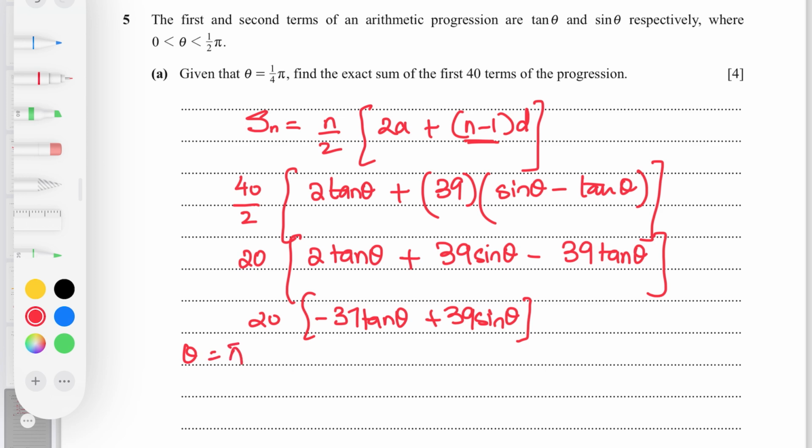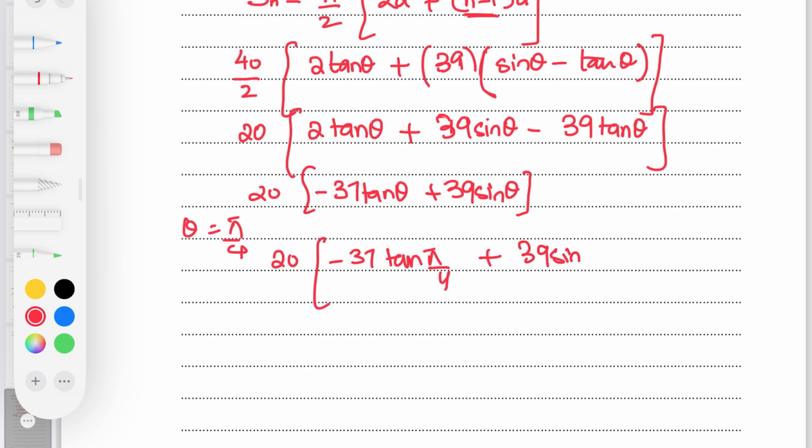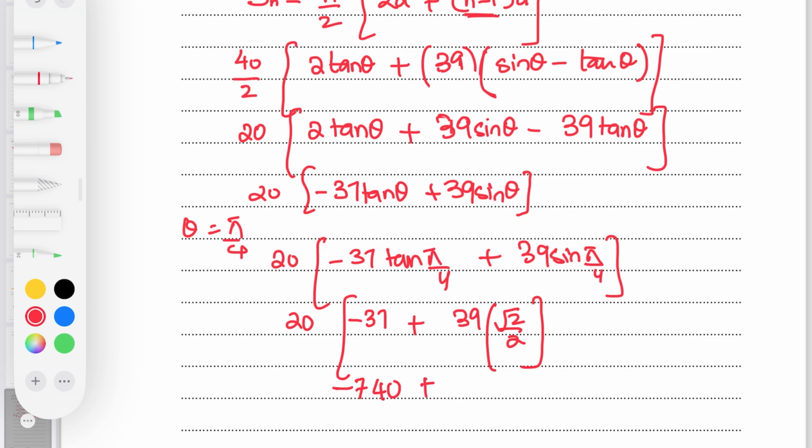Let's input the value of theta as pi by 4. And since they want the exact sum, tan pi by 4 is 1. Sine pi by 4 is root 2 upon 2. 20 into minus 37 is minus 740 plus 780 divided by 2. That's going to be my answer.